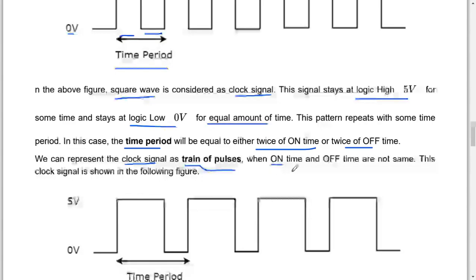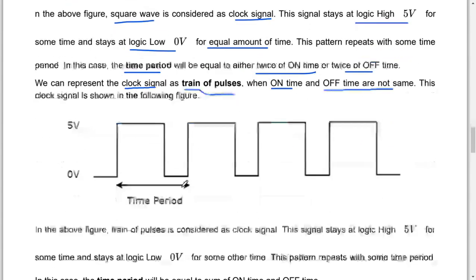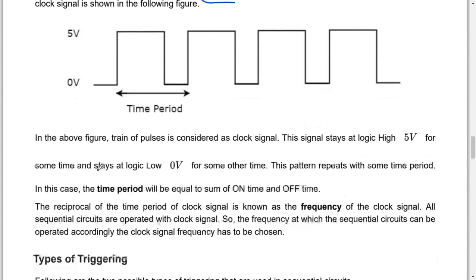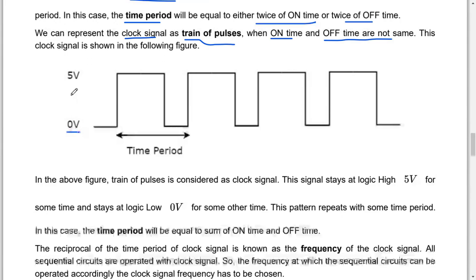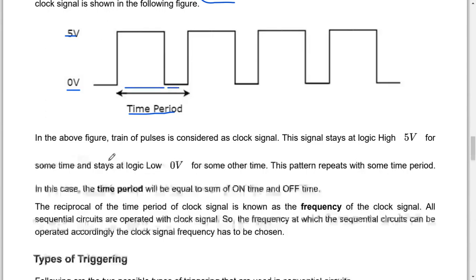When on time and off time are not the same, the clock signal is shown in the following figure. 0 volts, 5 volts. Time period, long, short, off, on, off, on, off. In the above figure, a train of pulses is considered as the clock signal.